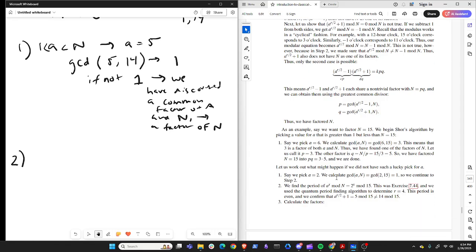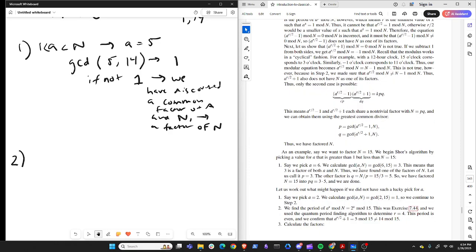So we picked a. Oh, okay. This is actually 7.44. I'm trying to remember how to find the period. So we can find the period of a to the x modulus n, which in this case would be 5 to the x modulus 14.